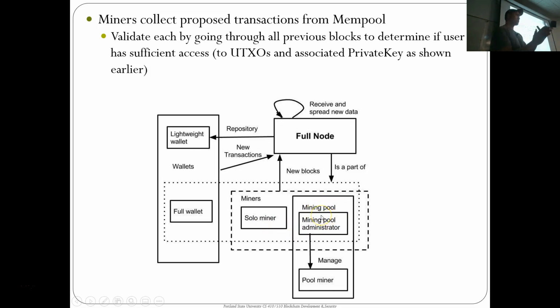And the mining pool is going to distribute the proof of work puzzle so that people are using different spaces of the nonces to try and solve the puzzle. Because it's a nonce that you're changing, you can say, you do the first billion, I'll do the next billion, and so on in the mining pool. And then the first person with the solution will then broadcast that back up to the mining pool.